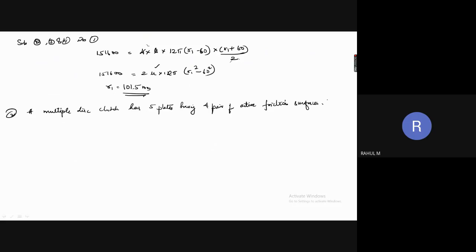If the intensity of pressure is not to exceed 0.127 Newton per mm square, find the power transmitted at 500 rpm.